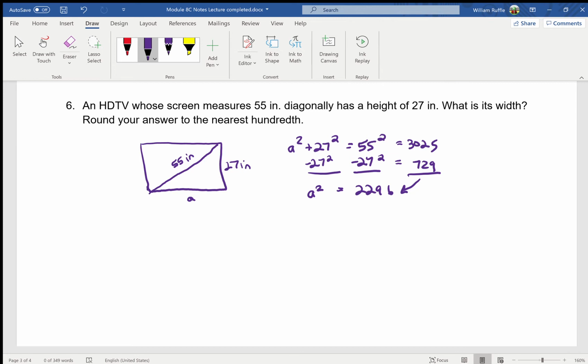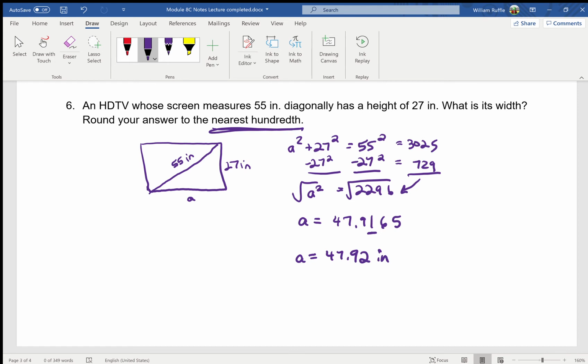But again, let the calculator do the hard work on this. So to get A, I got to do the square root of each side. So I get A equals the square root of 2296, and I get 47.9165. Now it says round to the nearest hundredth, so that means I need 2 decimals. So A equals 47.92 inches in this case.